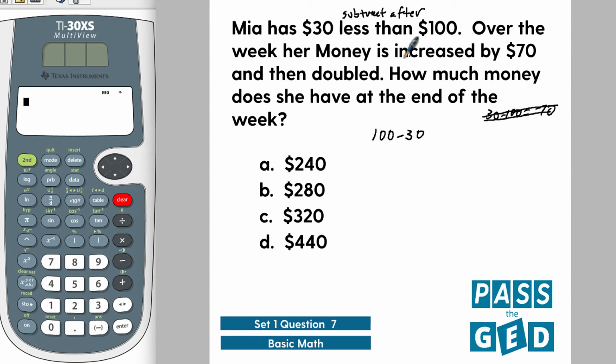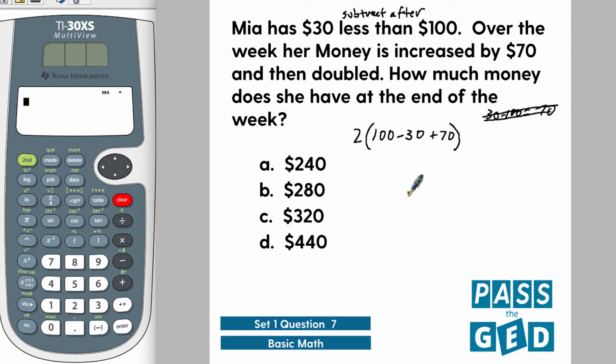Now over the course of her week, her money's increased by $70. So you're going to add 70 to this. You could put parentheses here, but with PEMDAS we can just do these in order. So I'm going to put the whole thing in parentheses. And then it says her money's doubled, so we're going to double all of this in parentheses.